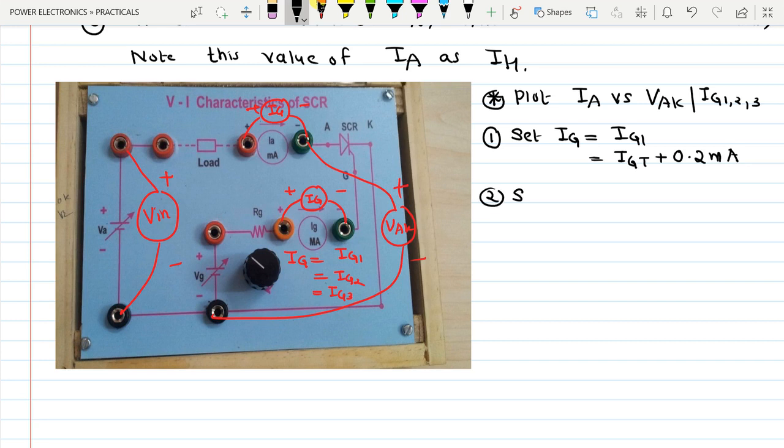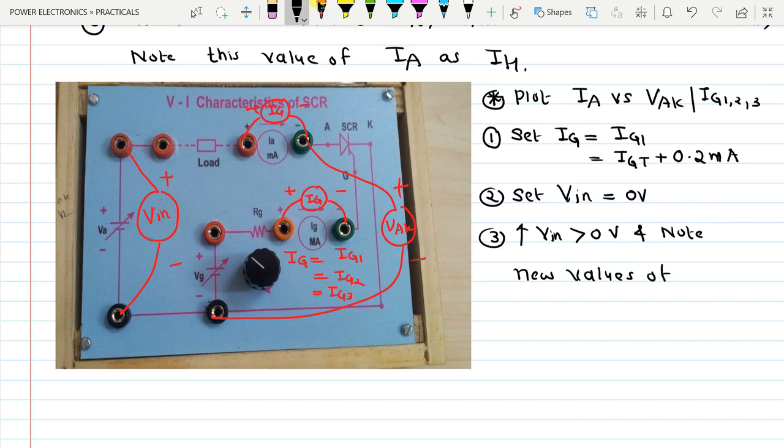Second is set Vin equal to 0 volts, and third is increase Vin above 0 volts and note the new values of IA.